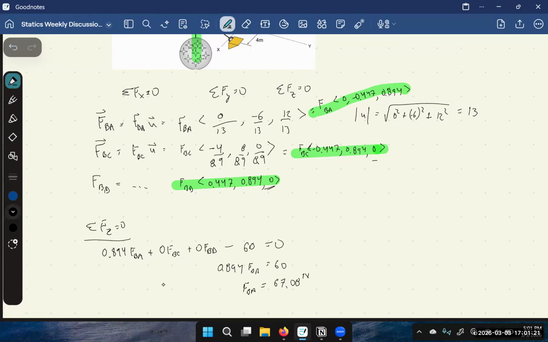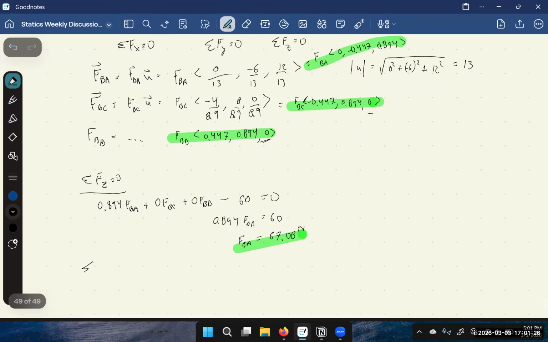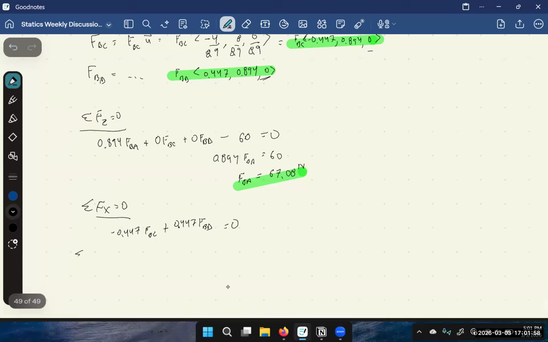Then let's do the other static equilibrium equations. Let's do sum of forces in the x direction. So we'll take those components again. FBA here in x is 0. FBC, negative 0.447 FBC plus 0.447 FBD equals 0. Then we have sum of forces in the y direction.